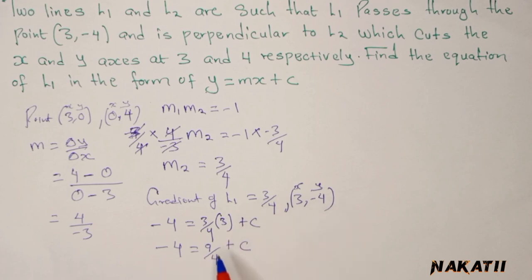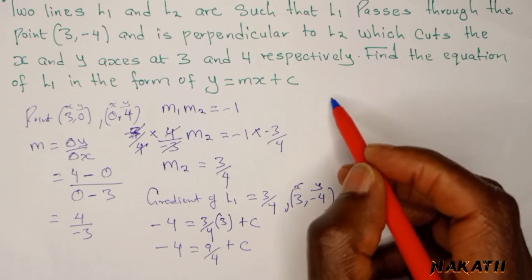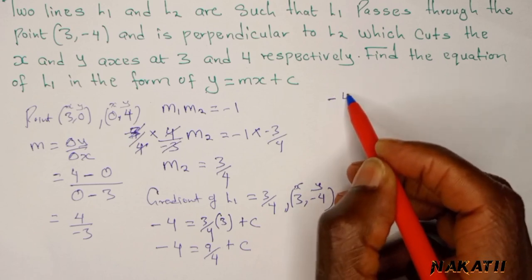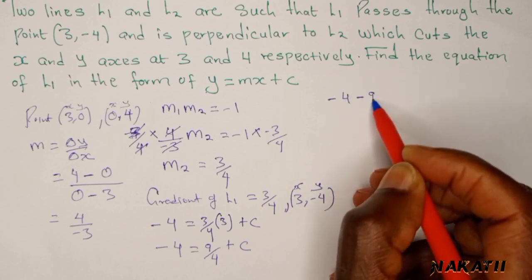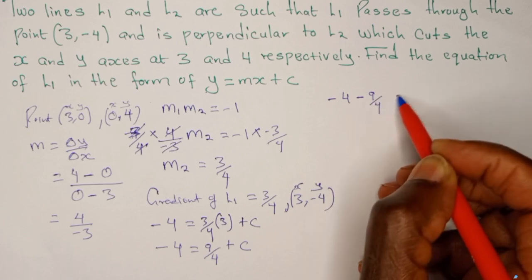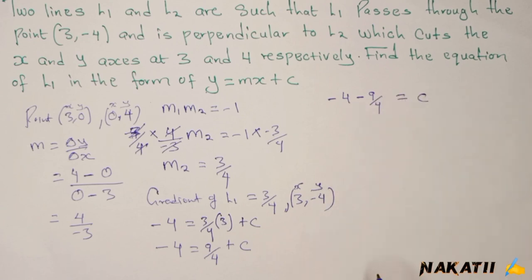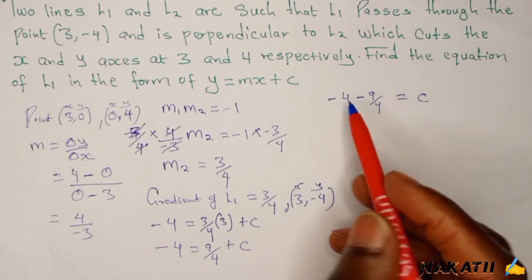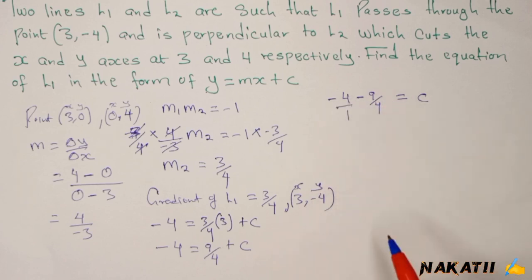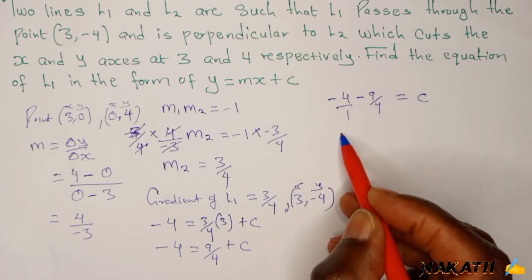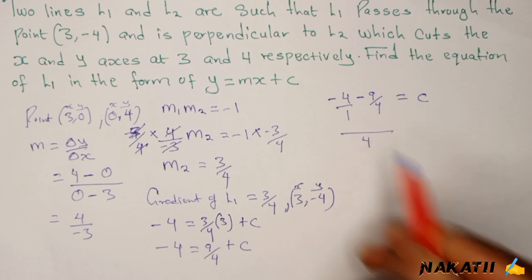So we can take this one to the other side. So we're going to have -4 minus 9 over 4 equals c. So therefore, if you add these two, the LCM here will be 4.